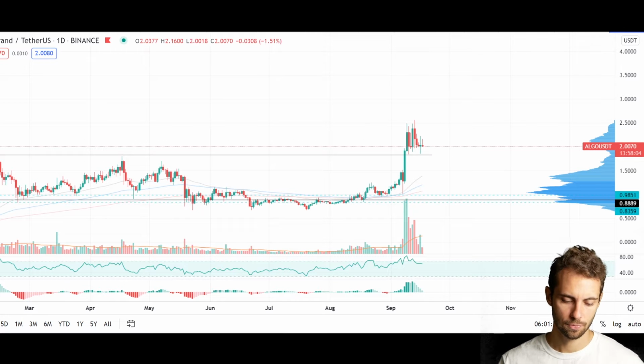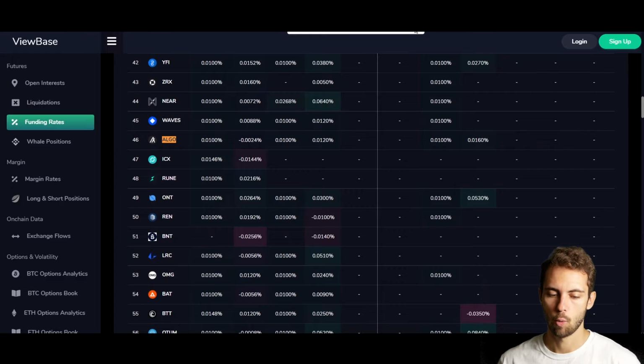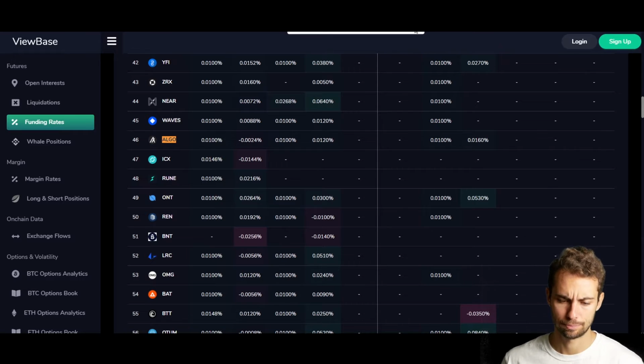So it means that we are on the way to sustain this recent growth. In terms of funding rates, because it's important in order to find whether we are not in a spot where there are lots of traders putting pressure on its growth, we can find that Algorand right now is rather in the negative area of sentiment.